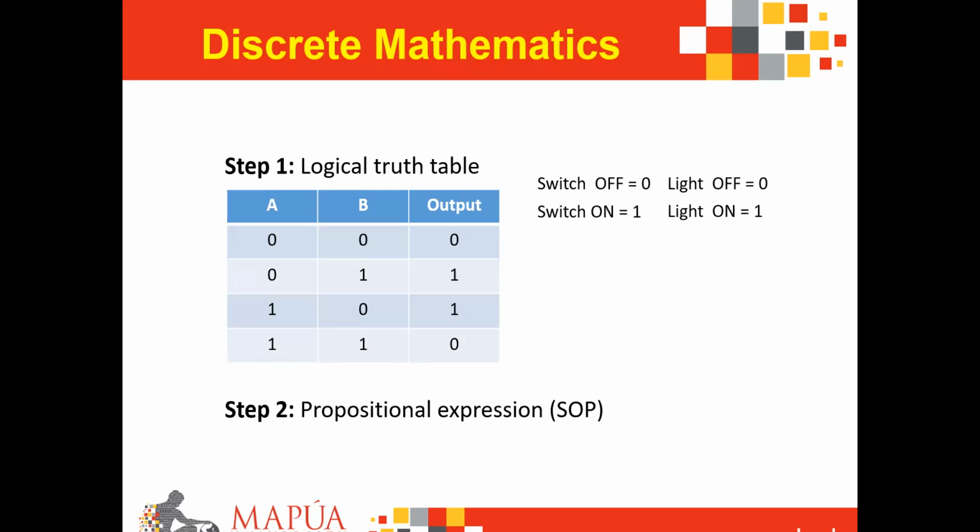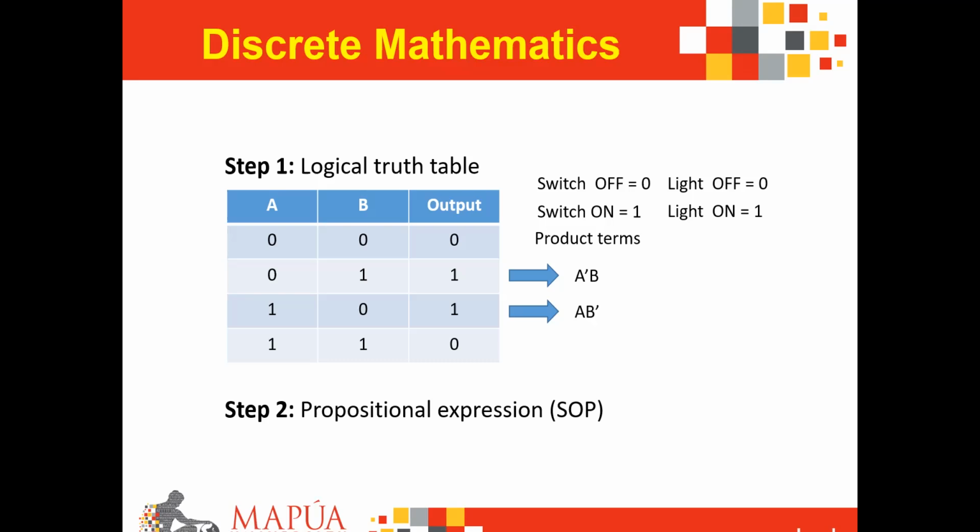Take note, we're only concerned with outcomes bearing 1, whereby the product term for this given outcome would be the product of the literals A and B. But since A there is 0 and B there is 1, A is negated and multiplied with B. Therefore, you end up with the product term A not B. And at this given outcome, again bearing 1, we end up with the product term A with B. However, A there is 1 and B there is 0. Therefore, the product term would be A B not.